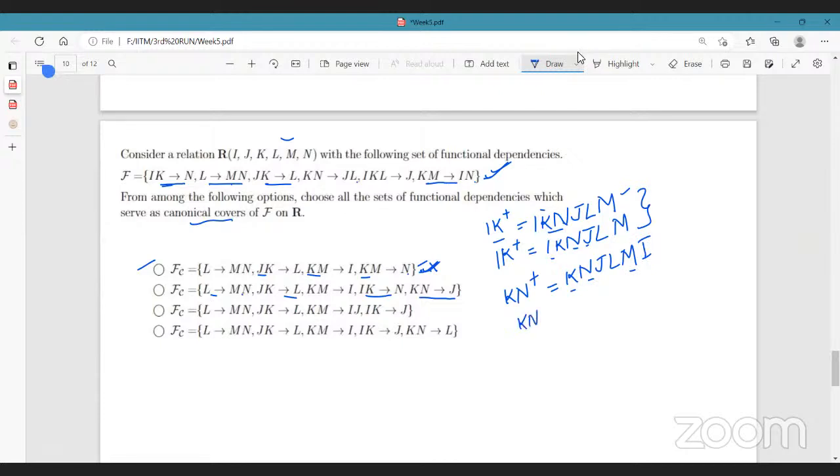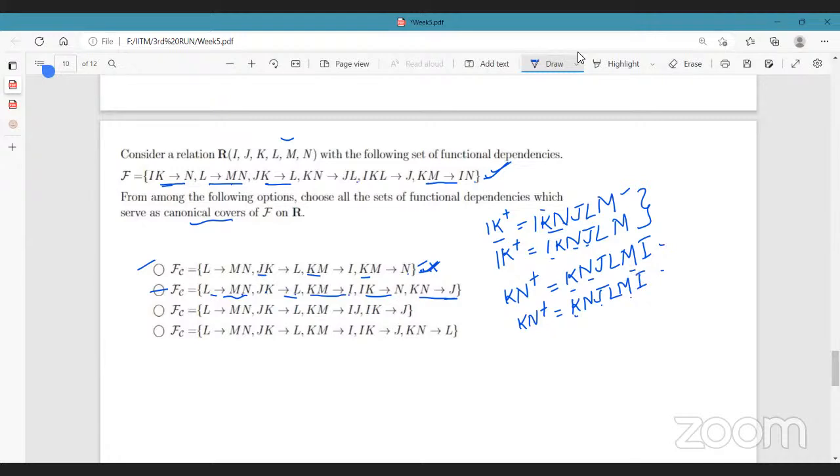So now let us check for the closure of KN in the functional dependency set given in the option. So KN will determine itself, then KN will determine J, then JK we already have, it will determine L. L determines MN, and we already have N, and KM will determine I. So yes, the closure of KN is also the same.